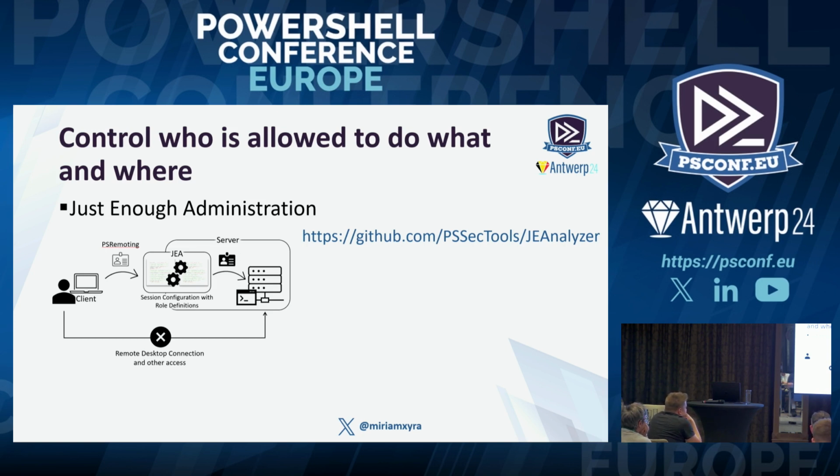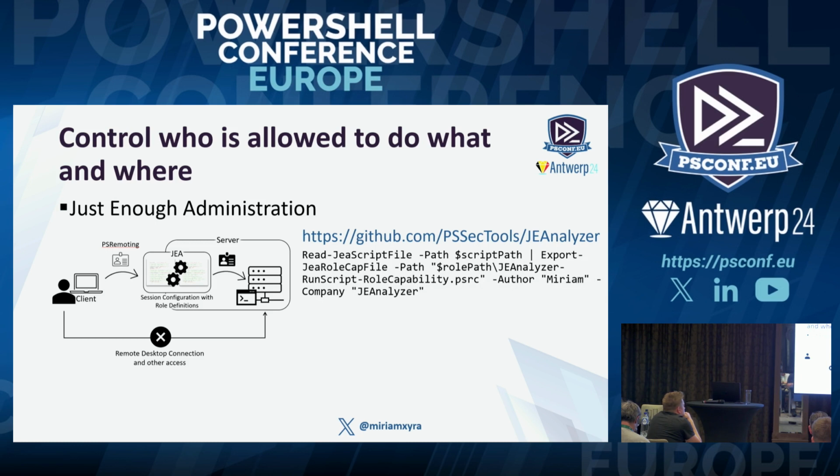And what you can do with JEA Analyzer, and what people may not be aware of, is that on the one hand, there is an option to read a script file and put it into a JEA configuration. So all the commands included in the script file and the parameters can be turned into a configuration.